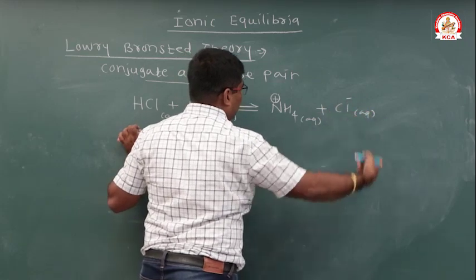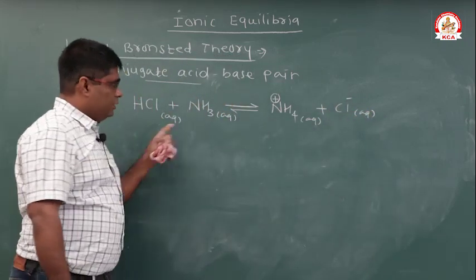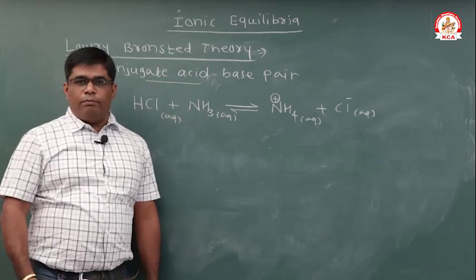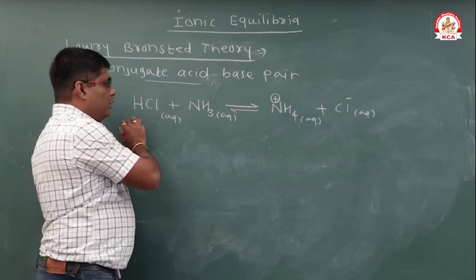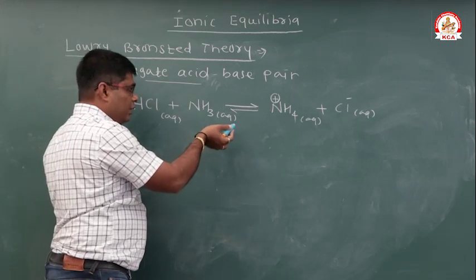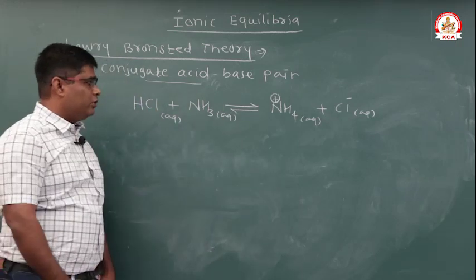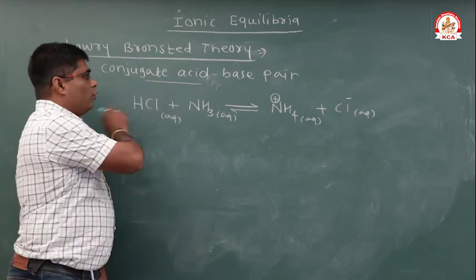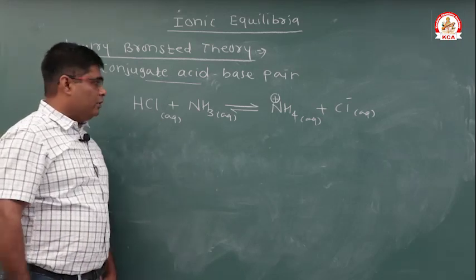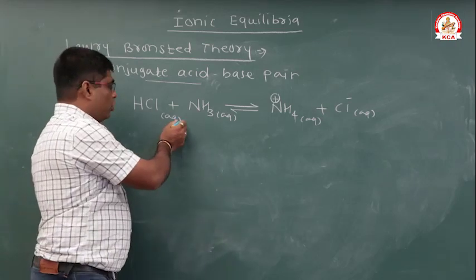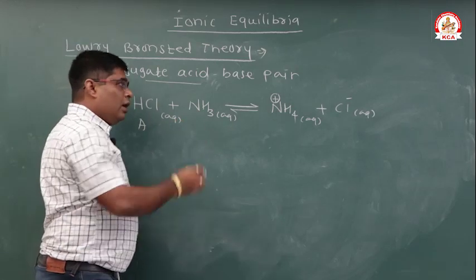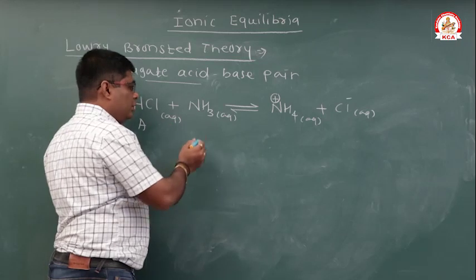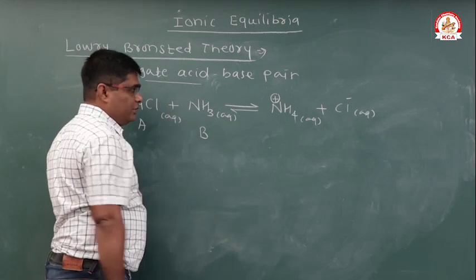Cl minus. This is reversible because there is equilibrium here. Now we say forward reaction and reverse or backward reaction. In the forward direction, what happens? HCl donates the proton, therefore HCl is the acid. Ammonia accepts the proton, therefore it is the base.